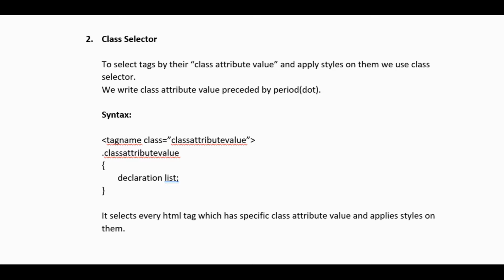Then you can see that after the tag name line there is the class attribute value with the dot preceding it, and after the dot and class attribute value there are curly braces to start the declaration list. As you all know what the declaration list is, then the curly braces close. It selects every HTML tag which has a specific class attribute value and applies styles on them.